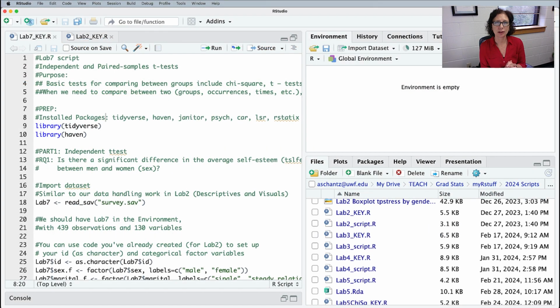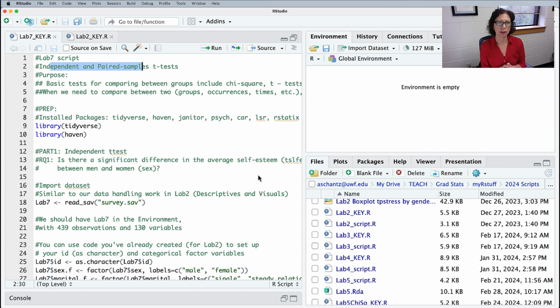Okay, now that we have our RStudio up and running, we're ready to walk through our Lab 7 script. We're going to conduct an independent t-test and a paired t-test. And again, it's because we're comparing between two.